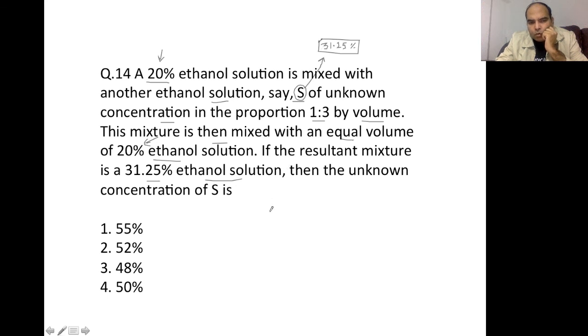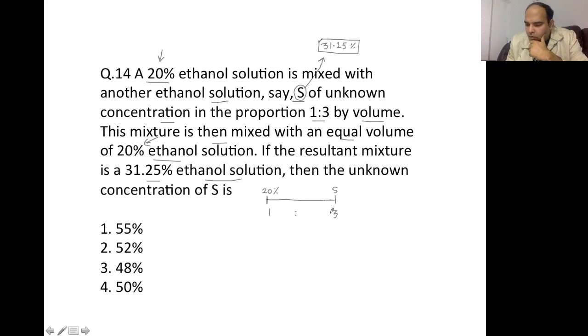So what you do in this question first is that you're mixing, and you use alligation here. You can read about alligation from my books. You're mixing a 20% ethanol solution with S% ethanol solution in the ratio 1:3, right?